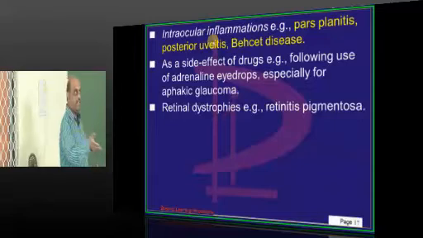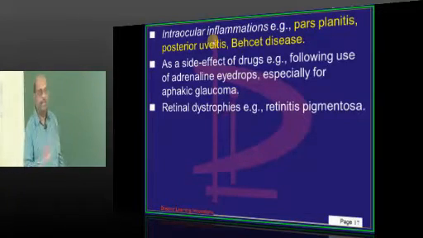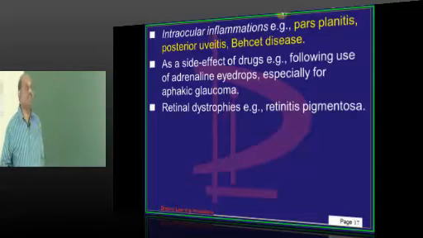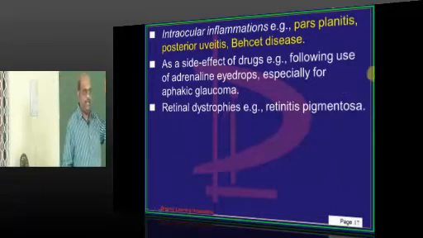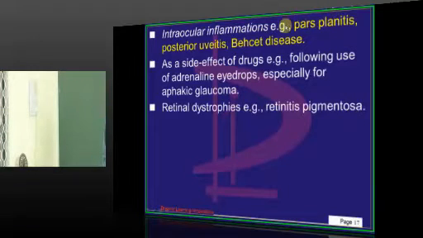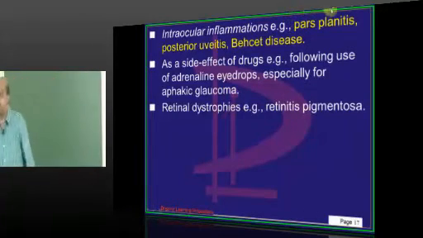Or any Behcet's disease like vasculitis also can lead to the development of the cystoid macular edema. Then very important MCQ in the exam. Are there any topical drugs? If you put it into the eye of the patient, it can lead to development of cystoid macular edema as a side effect.